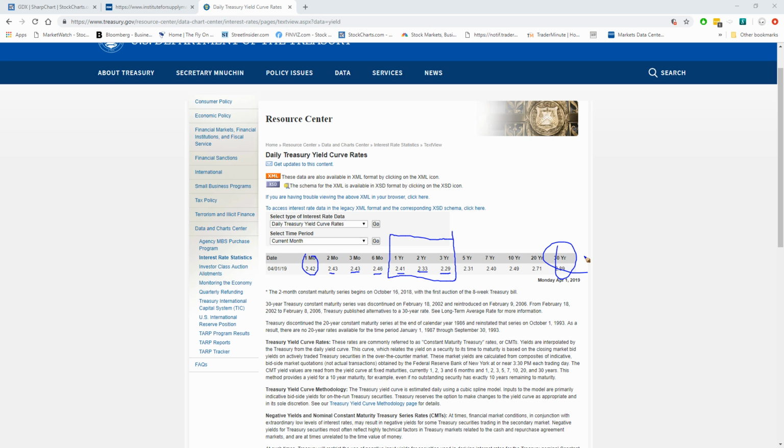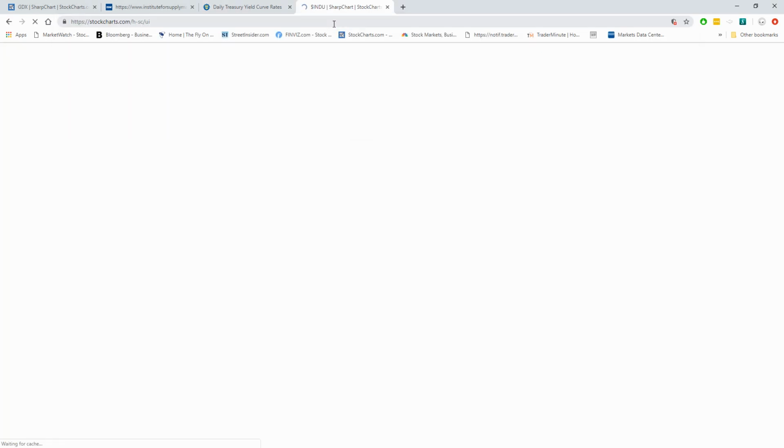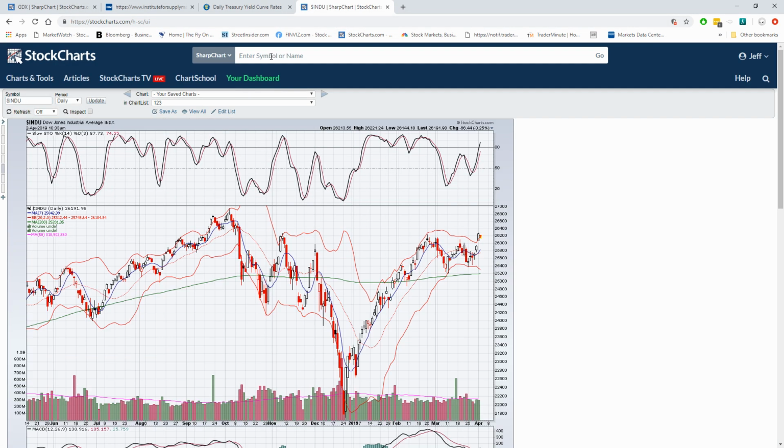Now, does that mean everything's going to go to hell in a handbasket? No, it doesn't. But we saw a rally in the banks. We saw a big boost in the banks yesterday on this talk of yield curve normalization. And the reality is there wasn't yield curve normalization. There was a little bit of a boost in the 10-year yesterday. In fact, if I bring it up here, we'll go TNX.